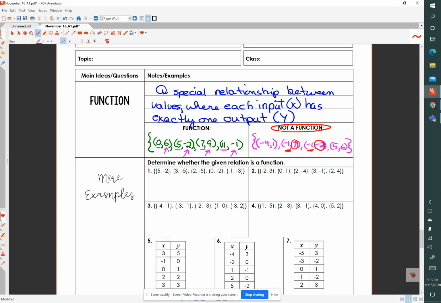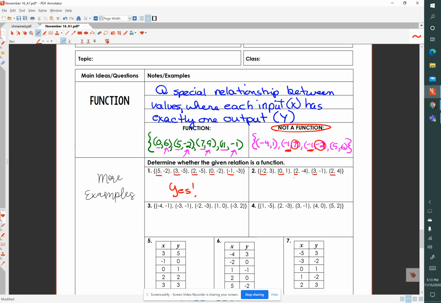So let's look at these 4 sets of ordered pairs and define whether they are functions or not. Looking at the x values, the domain: 5, 3, 2, 0, -1. They are all different. Yes, this is a function. Now let's take a look at -2, 0, 2, 3, 2.